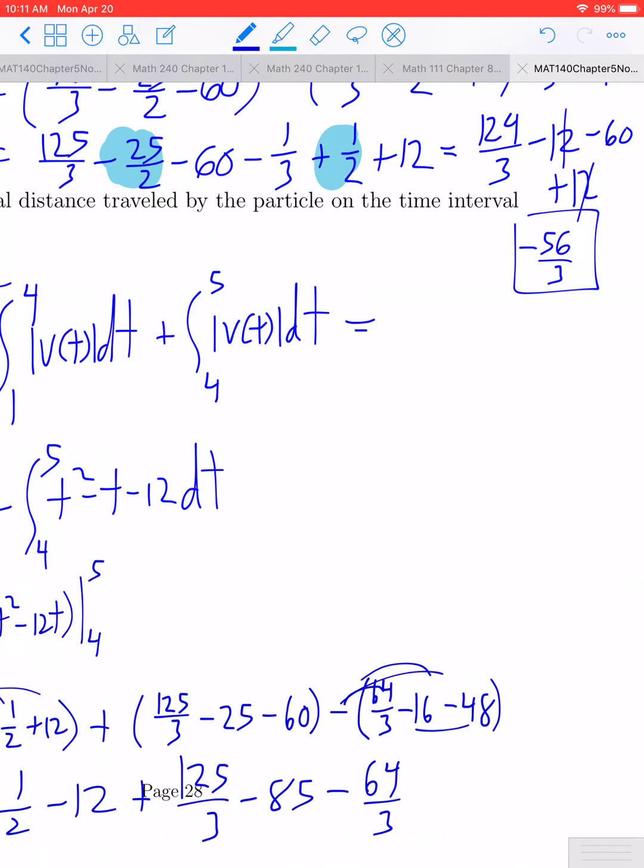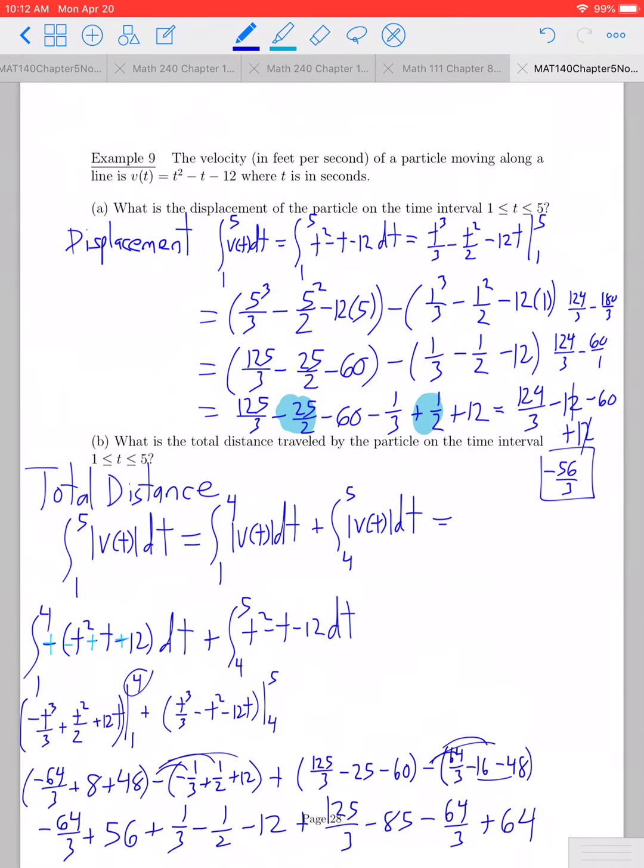On the inside, negative 16 and negative 48 would combine to give a negative 64, but then the negative and the negative will turn that into a positive 64. So we're here.